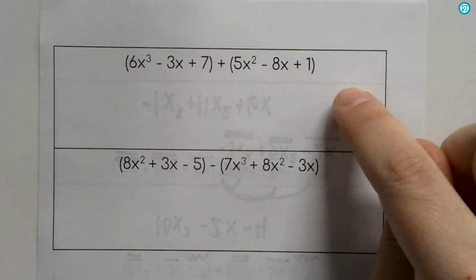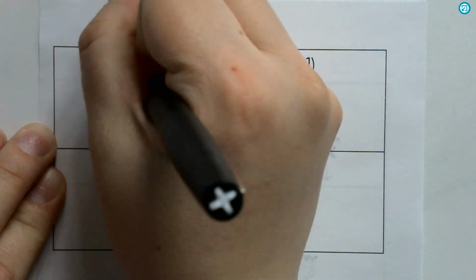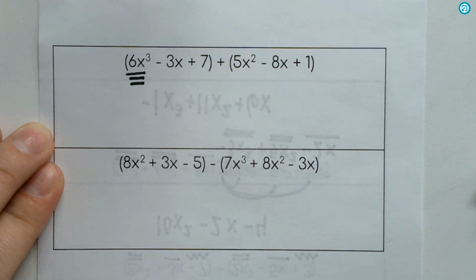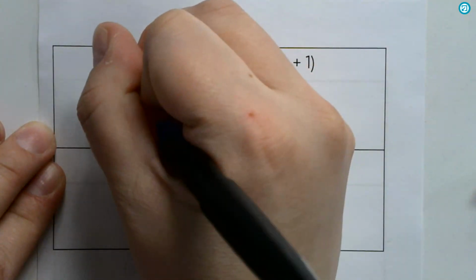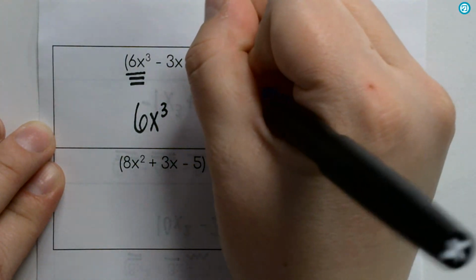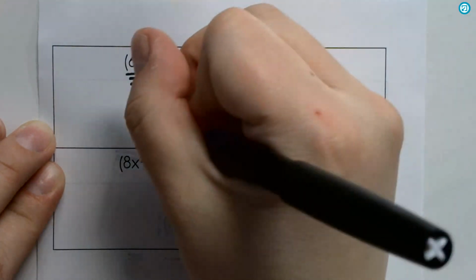So this next one I'm adding, so I can just combine like terms. I always want to go from highest to lowest, and the highest exponent I see is x to the third. So I've got 6x to the third here. Is there anything I can combine that with? No. So there's no other x to the thirds, so it just stays by itself. Then, same with the 5x squared. It would come next, but there's nothing to combine it with, so it just stays by itself.